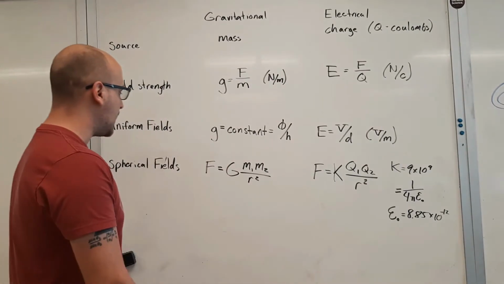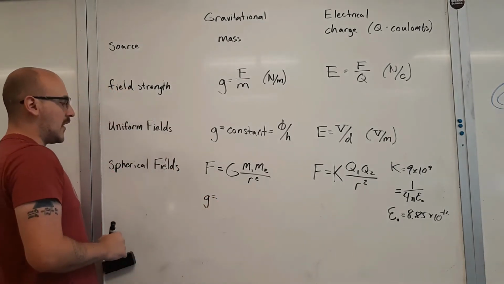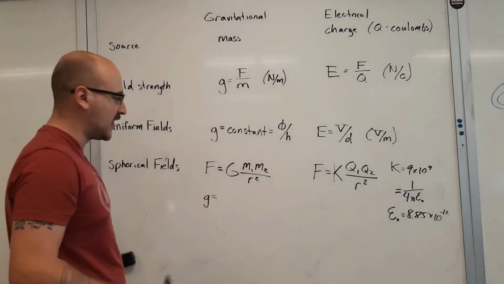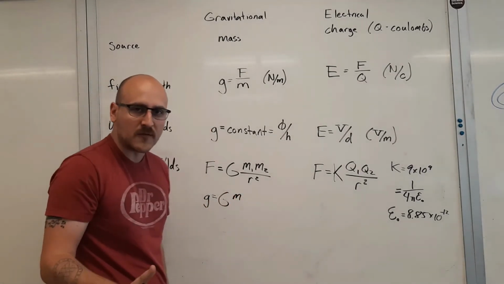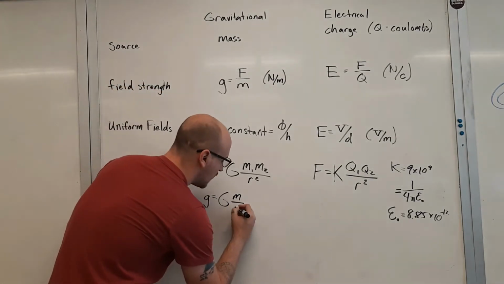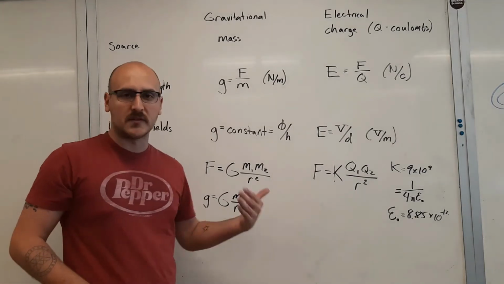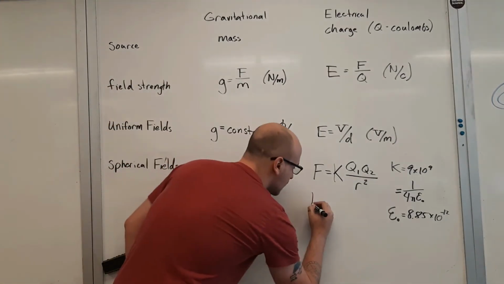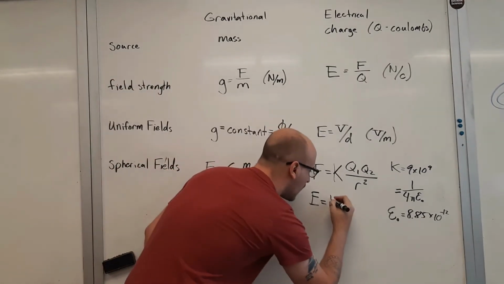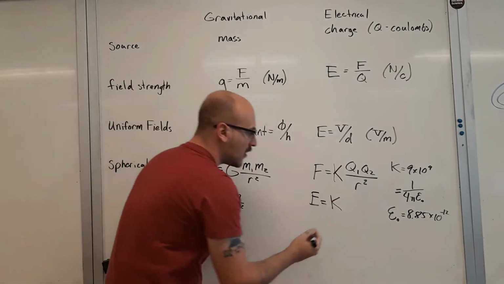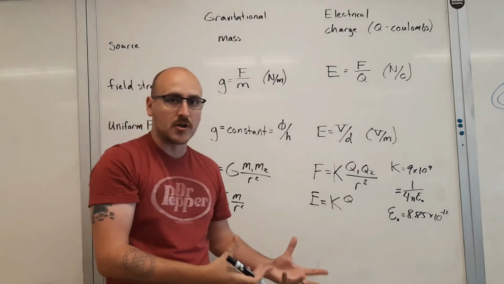Similarly, if we want to find our gravitational field, when you've got a spherical field, when it isn't constant, all right, you can do G times whichever mass you're looking for the field on, divided by r squared. Okay, so if I'm looking for the electric field, if it isn't constant, it's going to be E, all right? Instead of G, we have K. Instead of M, we have Q. So looking for the electric field around whichever charge is involved here.